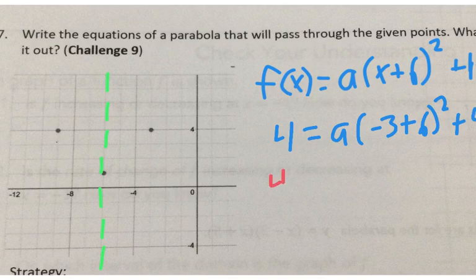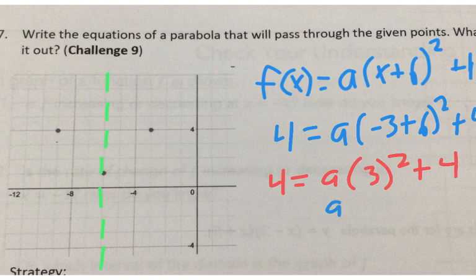This is going to give me 4 equals a times 3 squared plus 4, which is 9a plus 4. Where did you get 4 at the end? It's plus 1. Yep, 1. That's what I've been saying this whole time. You people need to listen.